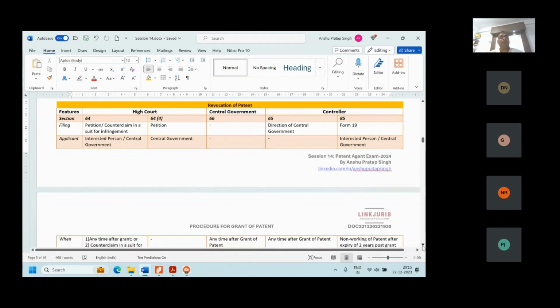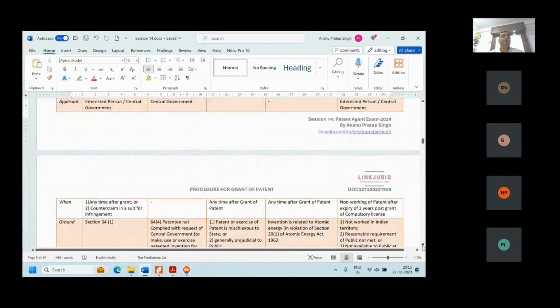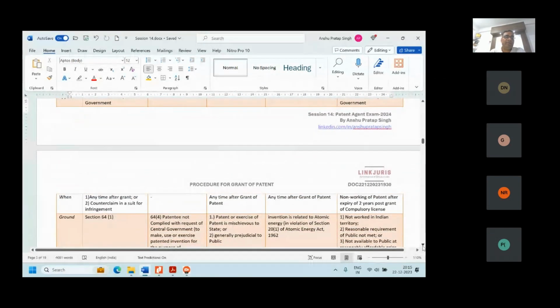When can central government do so? Anytime. There is nothing prescribed, while everywhere else it is prescribed anytime after grant of the patent, because before that it cannot be revoked. But counterclaim in suit for infringement under 64(1) will be necessary.